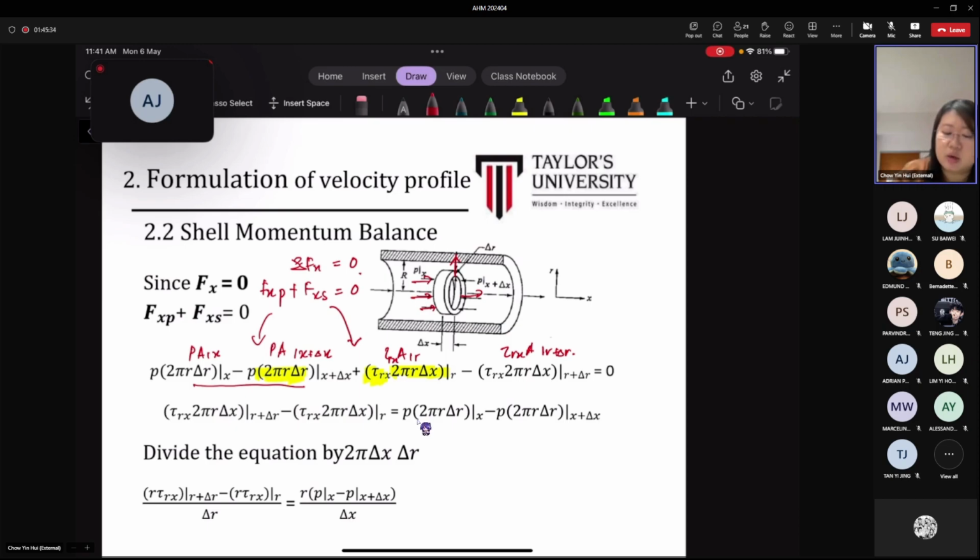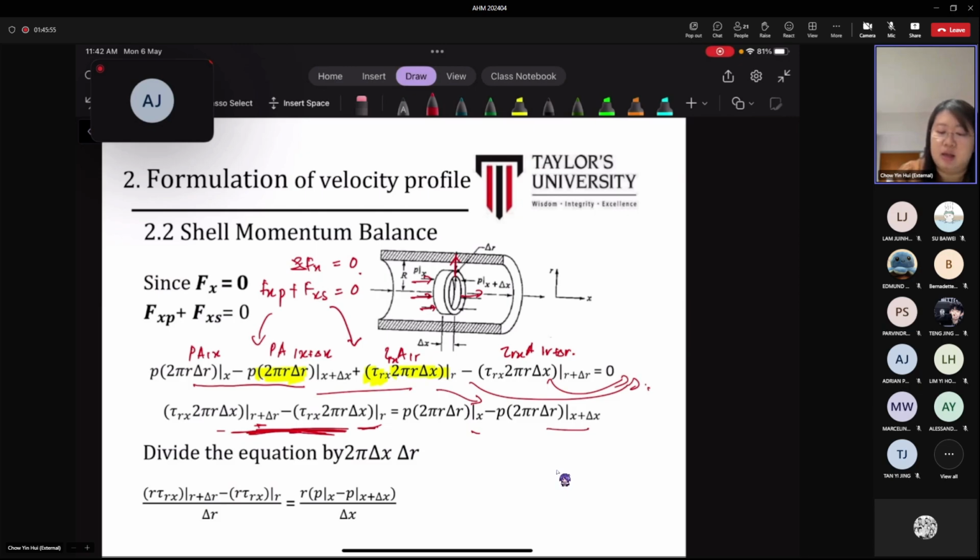So we rearrange the shear stress to the right hand side, which is what you see here. The shear force at r plus delta r minus the one at boundary r is equivalent to the pressure force at x minus the pressure force at x plus delta x.